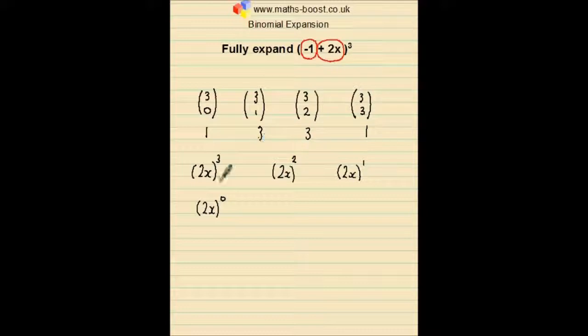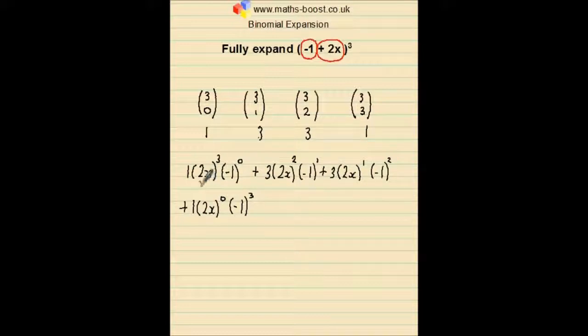And then take the other term, put that in a bracket, but this time start from 0 and increase it by 1 each time. And then include each of your values of the combinations, and then we can just sum these together. So this is our expansion in unsimplified terms.